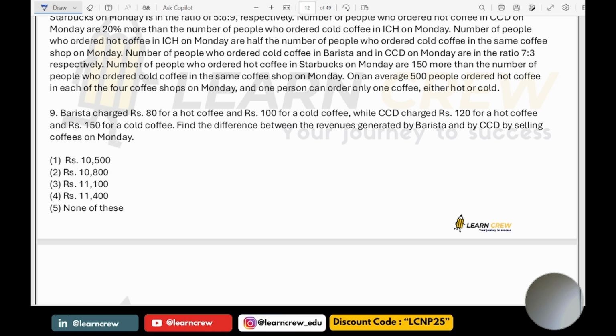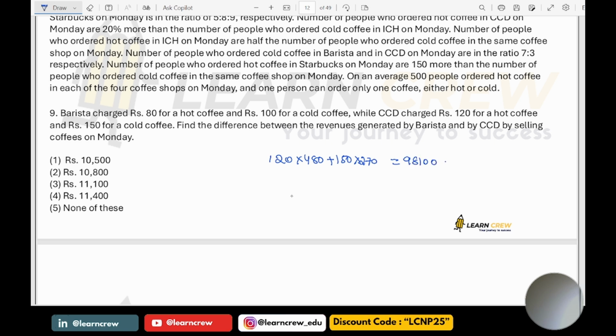It's asking for revenues now. Revenue generated by CCD on Monday, so it is 120 into 480 plus 150 into 270, which is equal to 98,100.